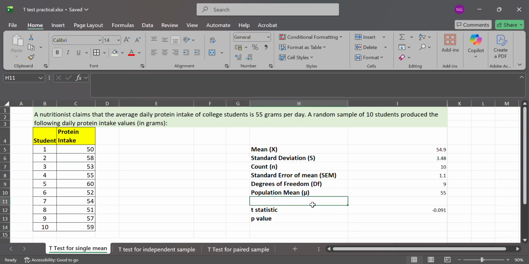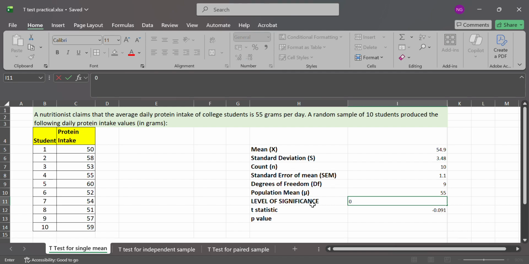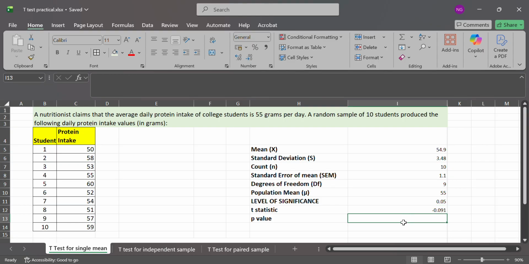At significance level alpha, the level of significance, here we are going to keep as 5%, which is 0.05. So you can calculate T critical and compare. If you want to do it in terms of p value, the p value is calculated by T.DIST, bracket open.